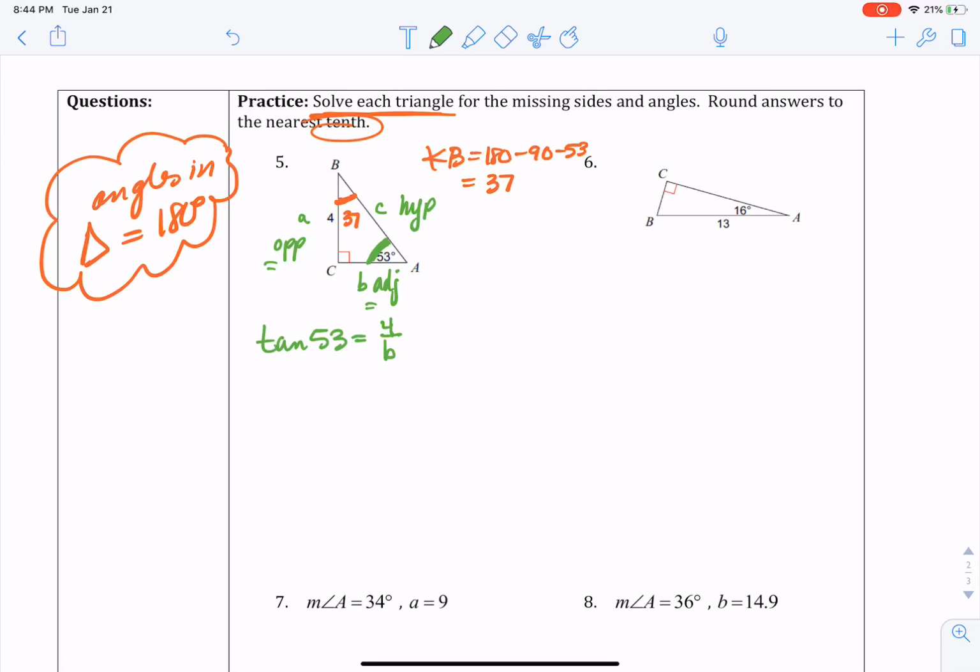So I can switch these 2 because the denominator is here, so that B equals 4 divided by the tangent of 53, which is 3.0.